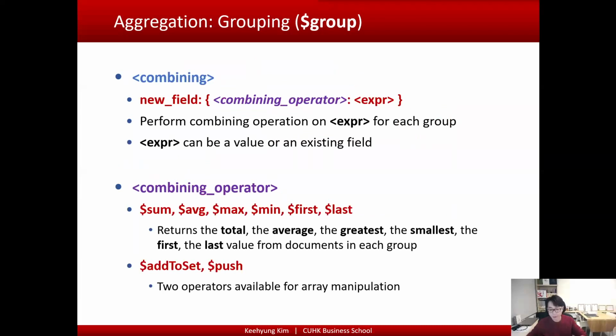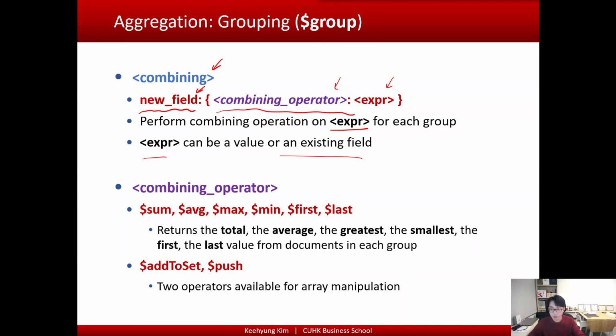And then if you specify the grouping information, you have to specify how you are going to combine the documents. So here you specify the combining rule, and you will specify the new field, combining operator, and expression. It will perform the combining operation on the expression for each group, and the expression can be a value or an existing field.